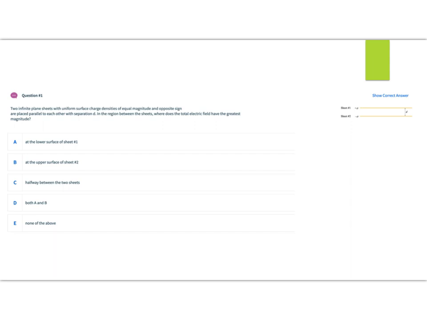What we find in the chapter is the electric field due to one sheet of charge is sigma over 2 epsilon naught. Sigma is the charge density in this case because the charge is distributed over an area.